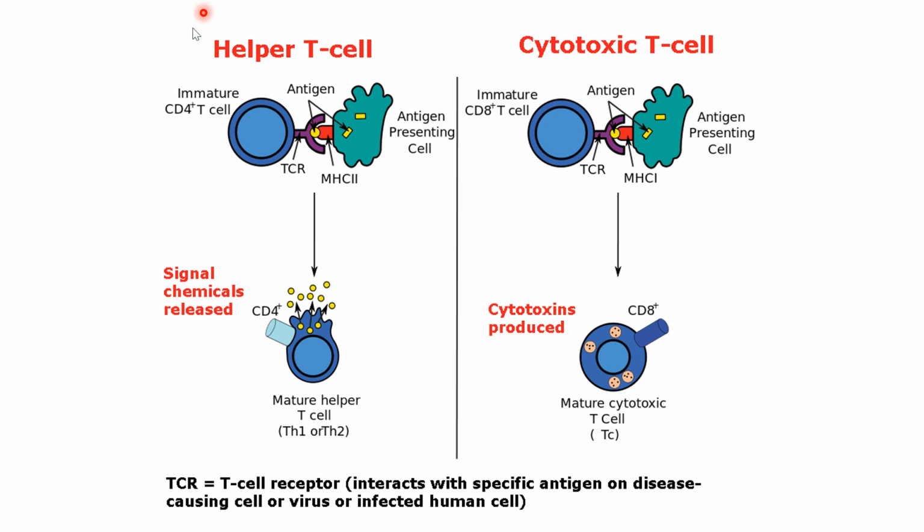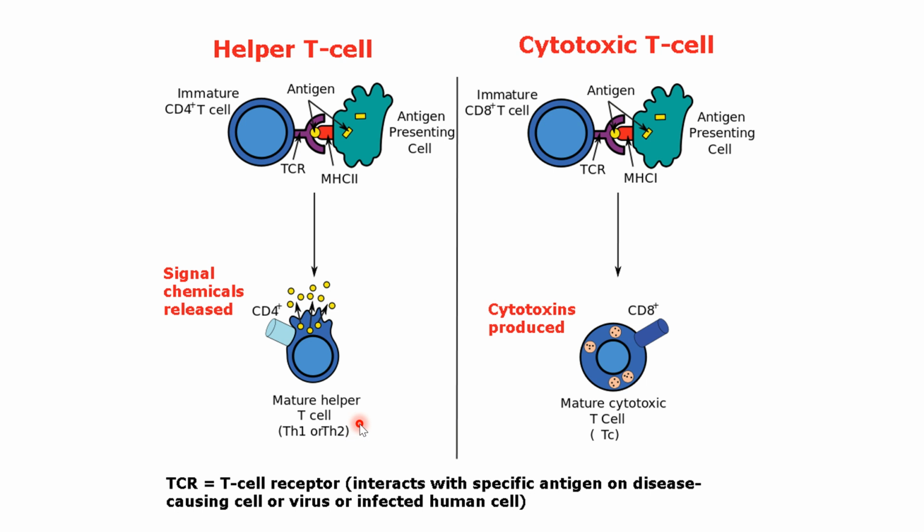So again, the helper T cell expresses the CD4, and it's going to bind to the MHC2 on the antigen presenting cells. And again, those are the professionals. The cytotoxic T cell expresses the CD8 receptor and it binds to the MHC1. And again, on an antigen presenting cell, this could be any cell in the body that can express this MHC1.